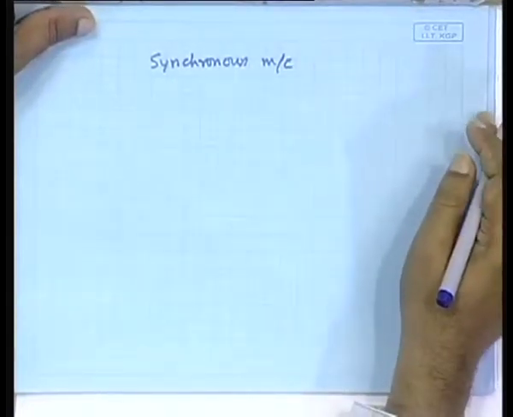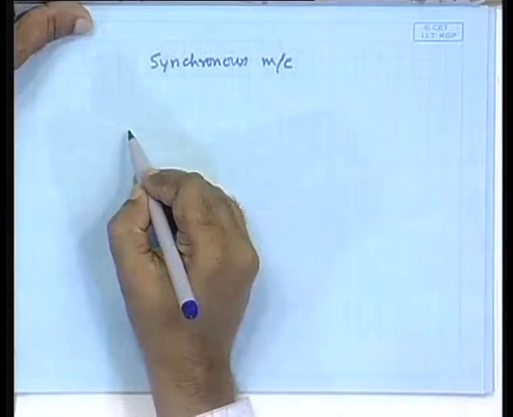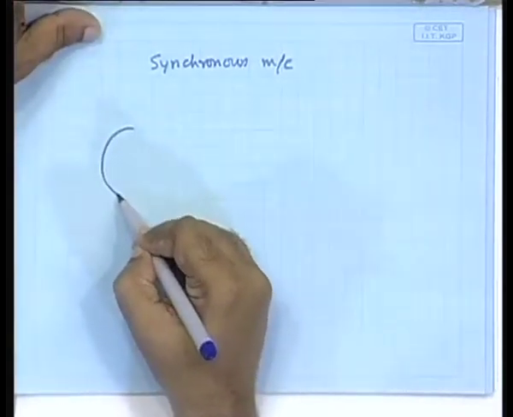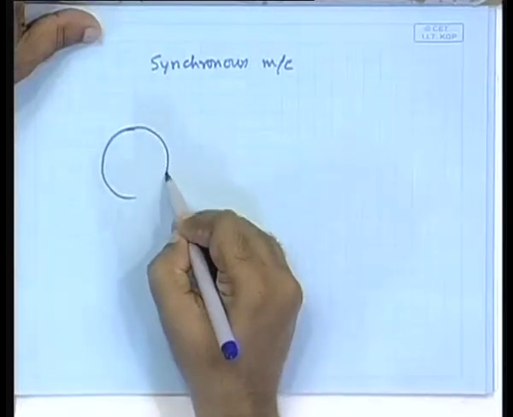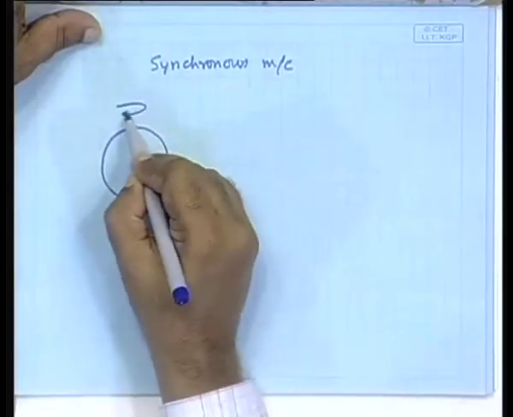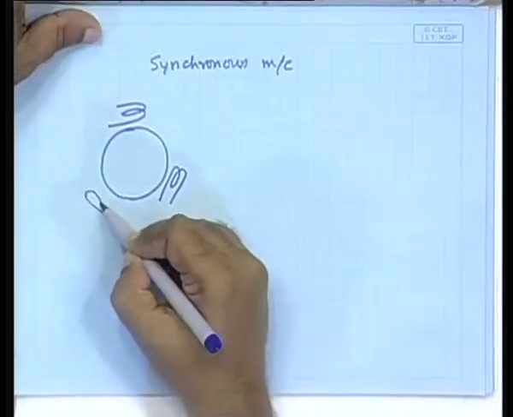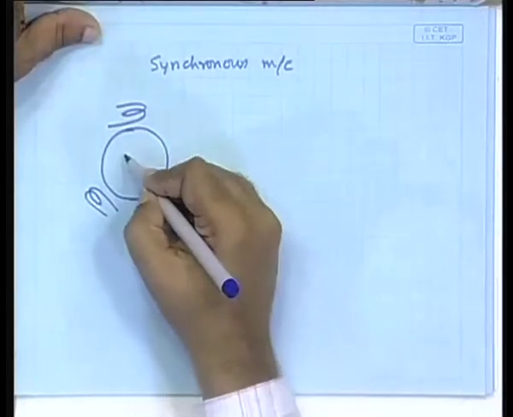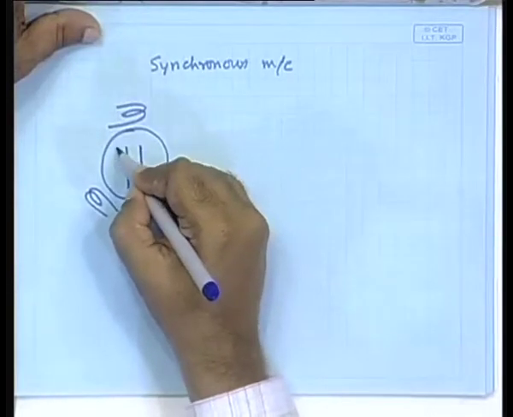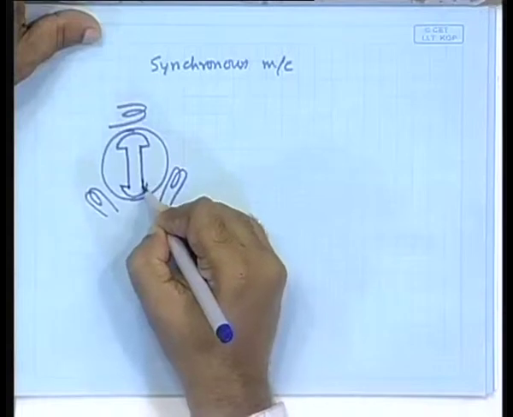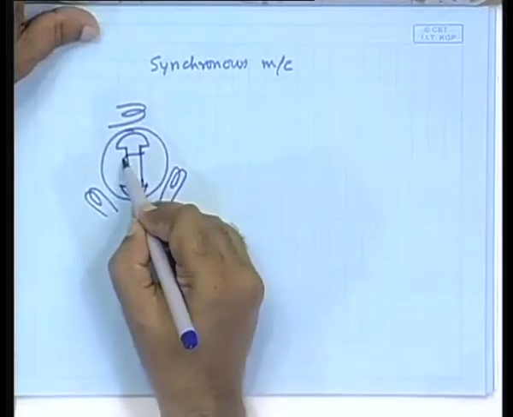In this machine, I am actually drawing the way it is done. Your stator is almost the same as we have drawn earlier, but the rotor is a magnet, something like this.